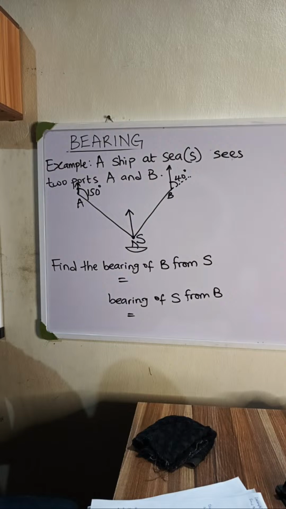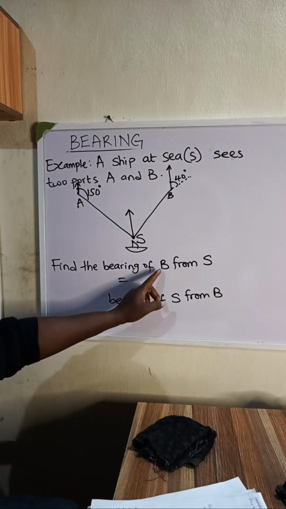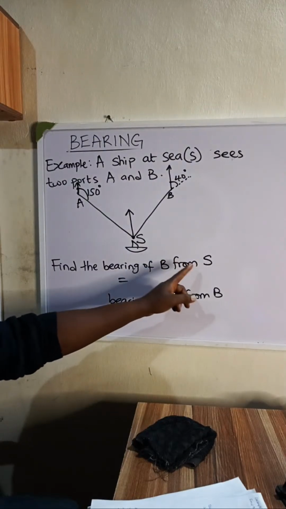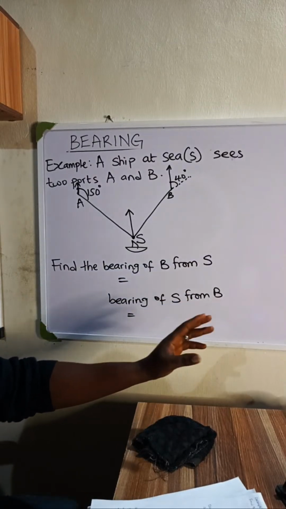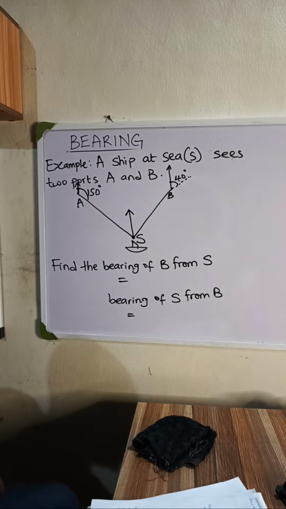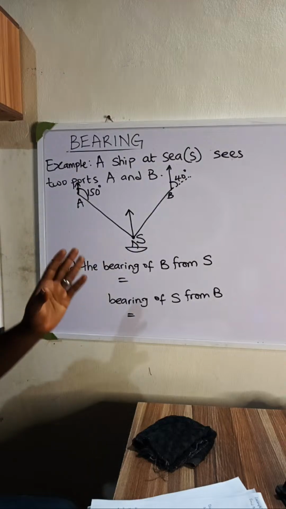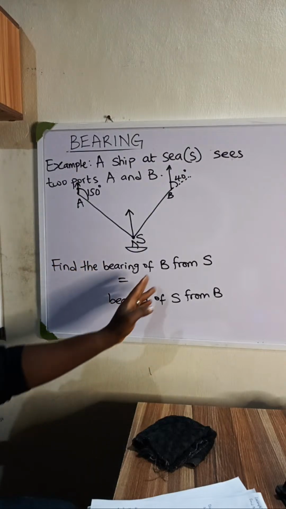Please, if you are talking about B from S, put B from S and then give us the answer. If you're talking about S from B, put S from B and then give the answer. This will drive home the understanding of the difference between this and this.